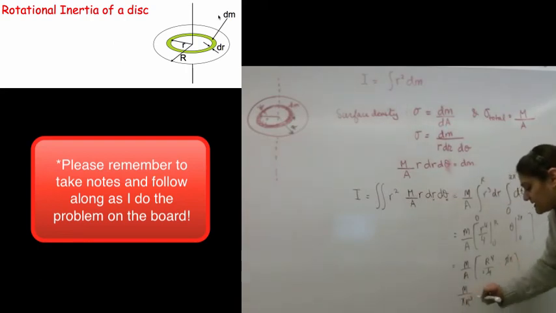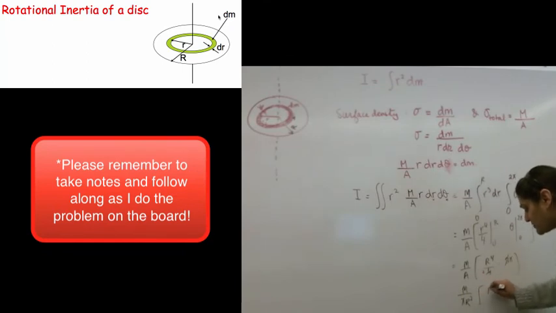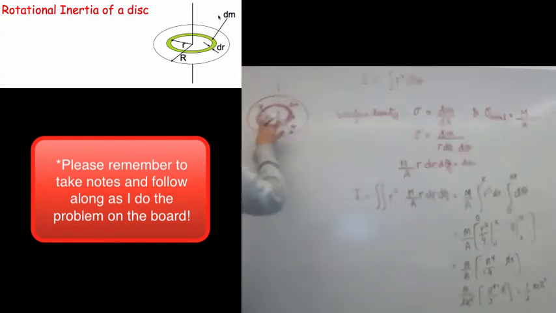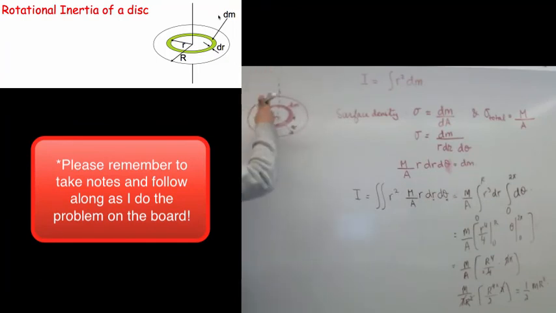And if the radius is capital R, the total area will be pi R squared. So pi will get canceled, R squared will get canceled here, and I'm going to get one half m R squared. So now I have an R squared, an m, and a factor of one half associated with it. That will give me the moment of inertia of a disk rotating about its center.